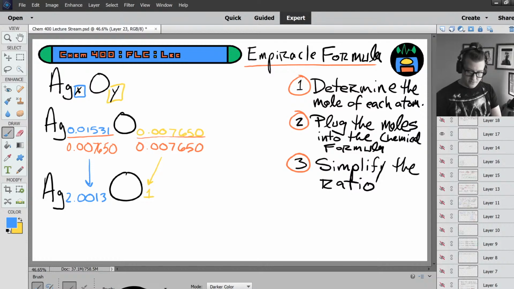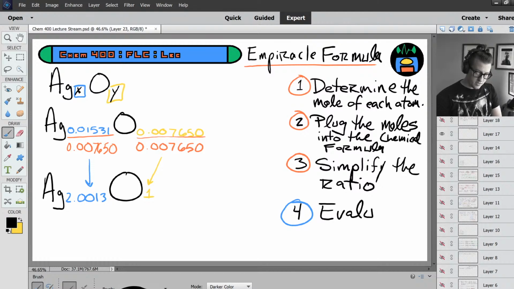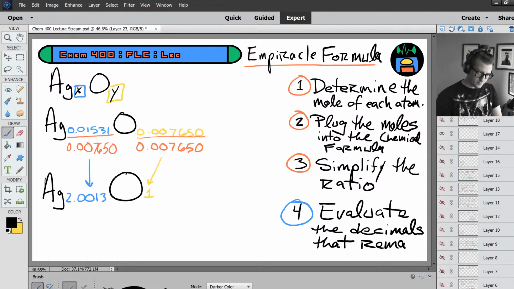All right, the fourth and final step is you need to evaluate the decimals that remain. All right, and here's what I mean by that.